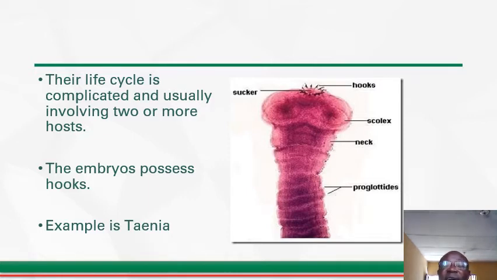You can see the structure of Taenia. It has suckers, and it has hooks, which it uses to attach to the intestine of the host. They have a scolex, a neck, and what we call proglottides, which are the reproductive segments of the Taenia.